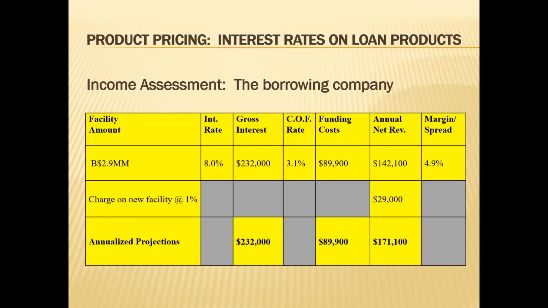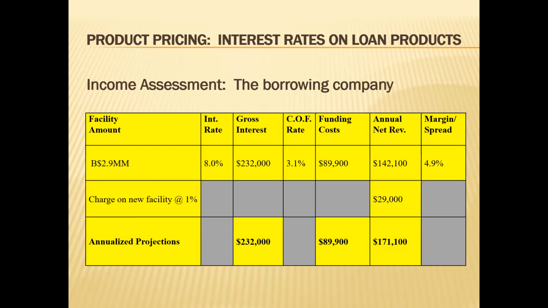In your book, you may have ROA, return on asset. I prefer to use margin or spread. So on the next printing, that will be amended. If it's not already amended in your book, it'll be amended to margin/spread.